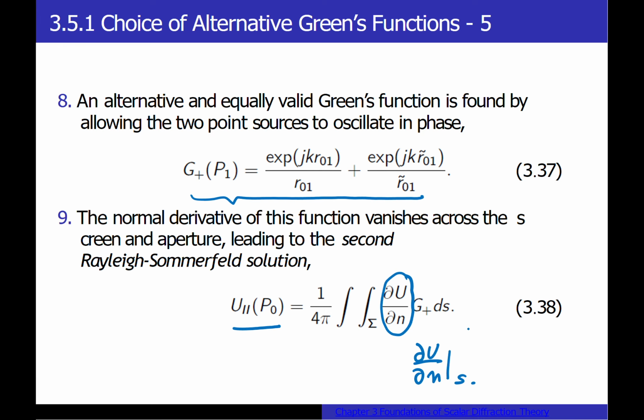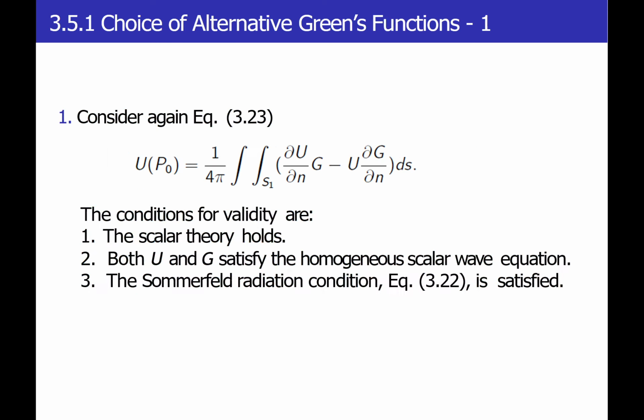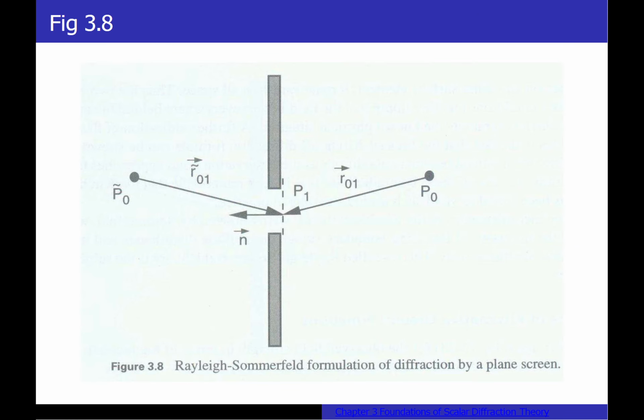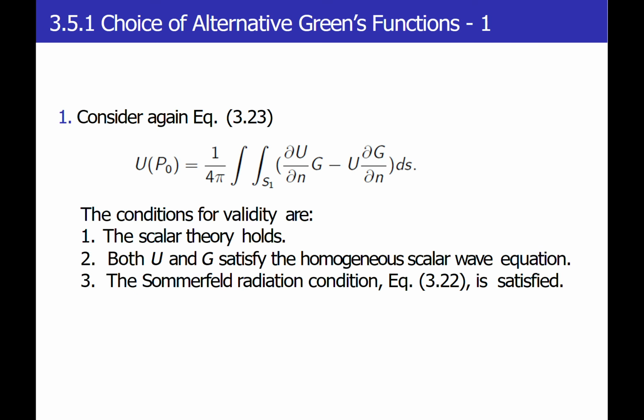Okay, so the key thing is that in the Huygens-Kirchhoff theorem, we have to know both the normal derivative and the value of U on the surface. But it's not easy. Usually, you have information on either this U or that.